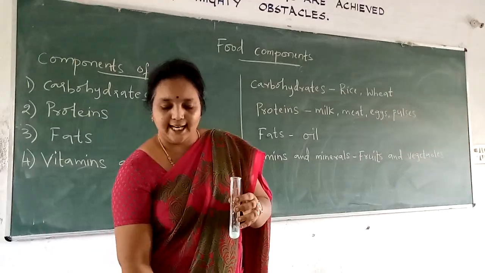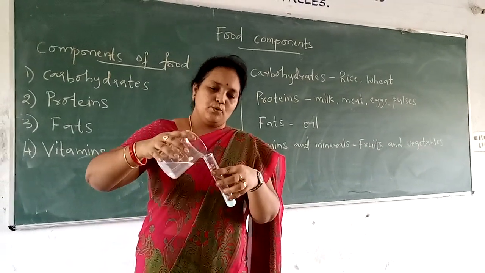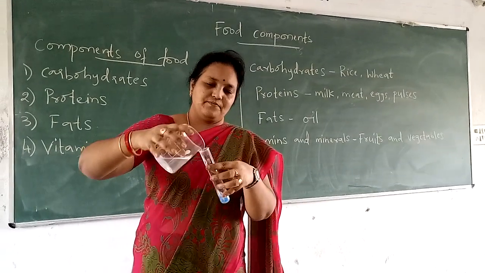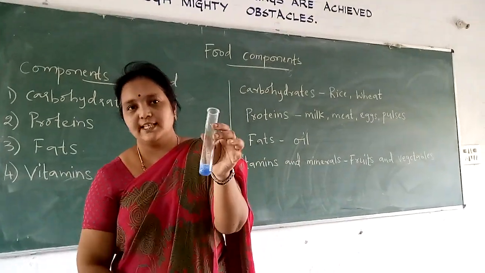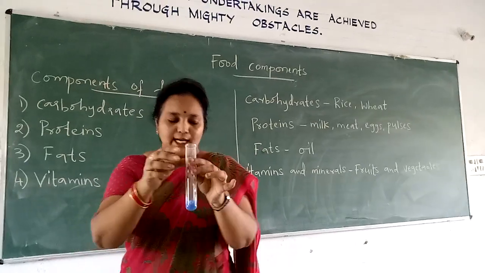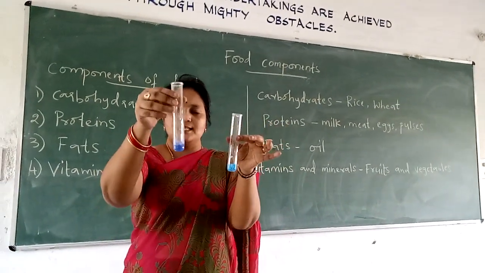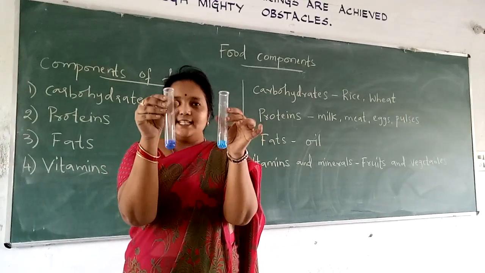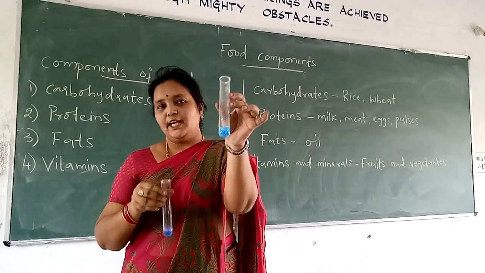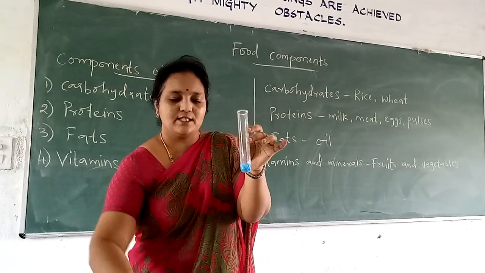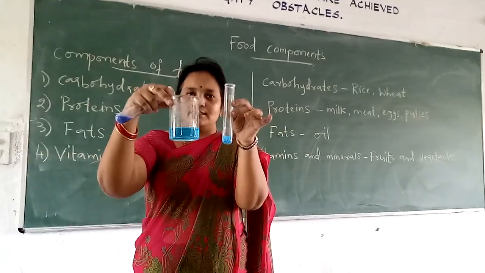And then I will add 10 drops of sodium hydroxide solution. See the color. Now we will compare both. This is rice, this is milk. Is there any change in the color? Here if you see, there is no change in the color. It is same as copper sulfate solution color.